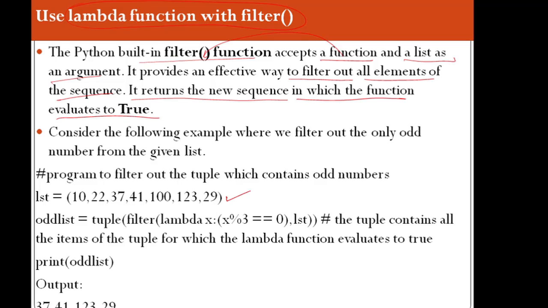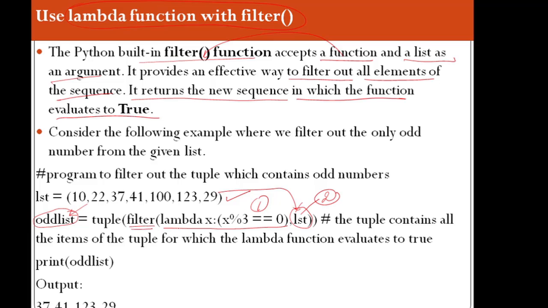So let's see the example. Here, this is the list that we will be passing to this filter function. Now, this is the odd list, the list we get when we solve this expression. You have used this filter and it is accepting two arguments. This second argument is basically the list that we have declared over here.